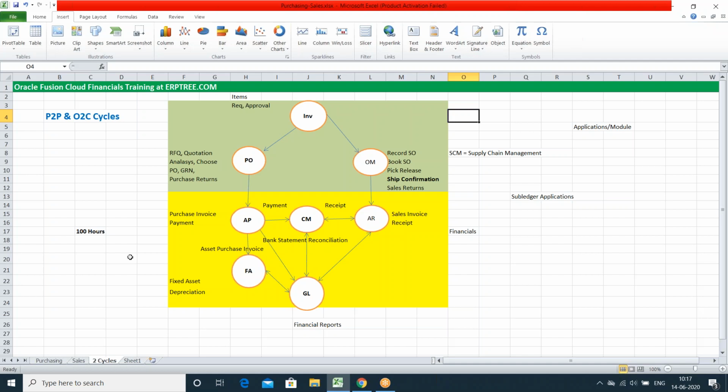So Lakshman, last time you mentioned most of the clients are using financials compared to SCM. That's right, most of the clients. See, for every company, finance is the backbone. There are many companies who are using only financials. Take primarily banks, the financial institutions. They go with only financials from the Fusion. The other applications, they use third-party applications.